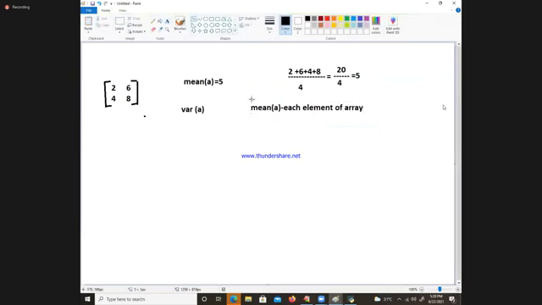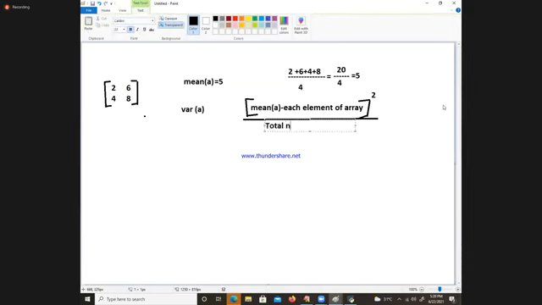I will write whole square, because drawing it will take a lot of time. Total number of elements in array.